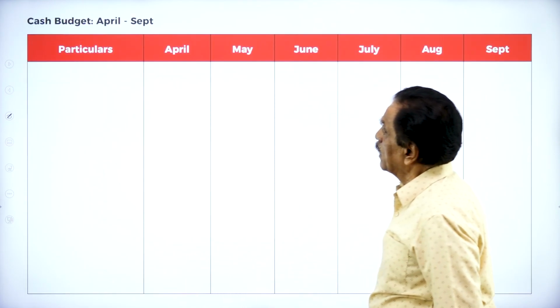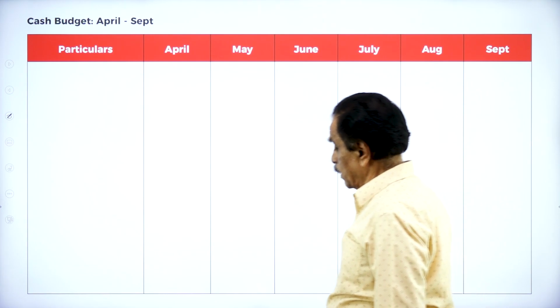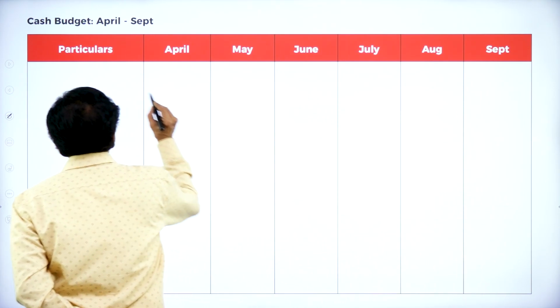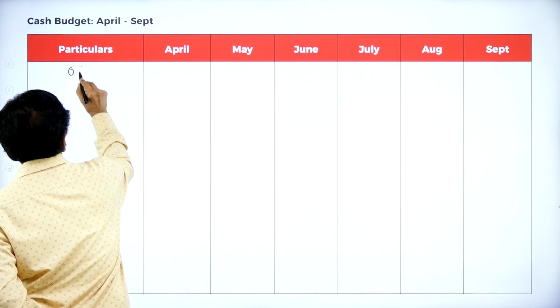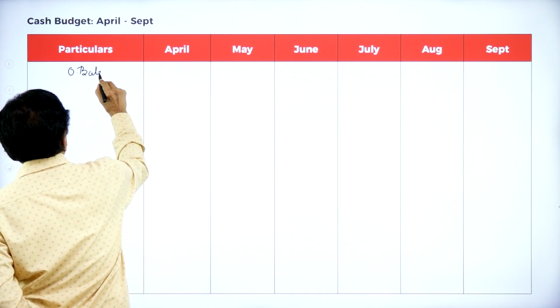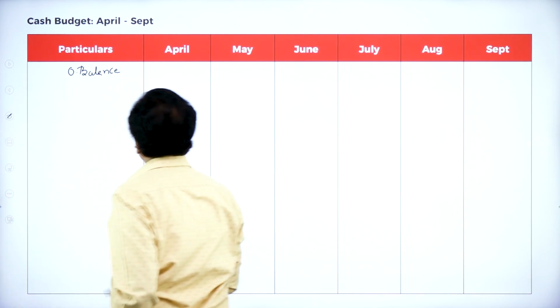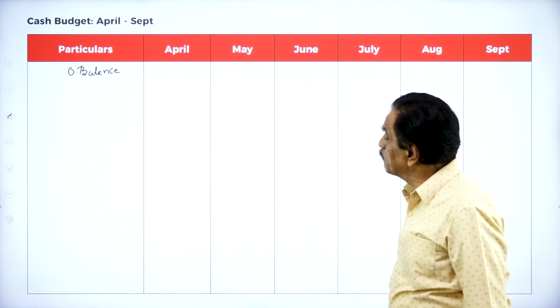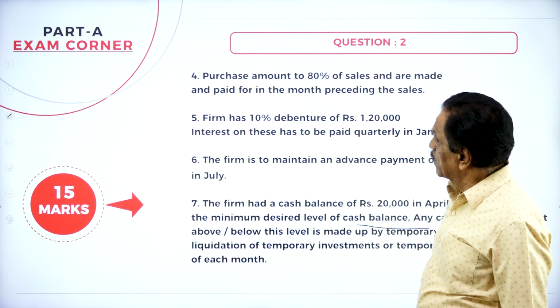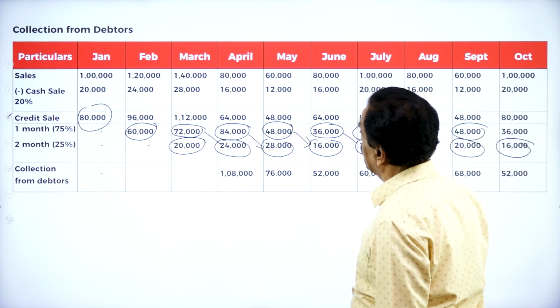So April to September, that's only the opening balance. We start with the opening balance. Minimum balance 20,000.